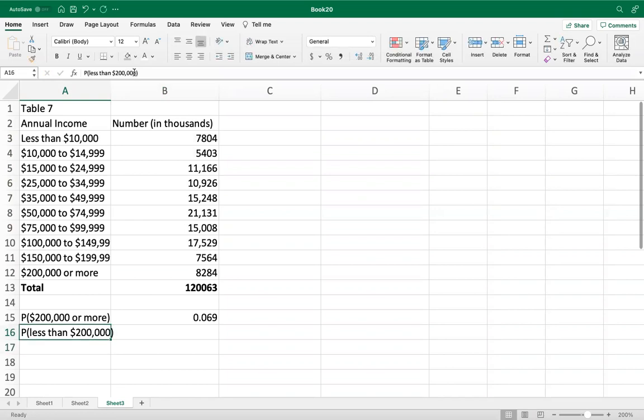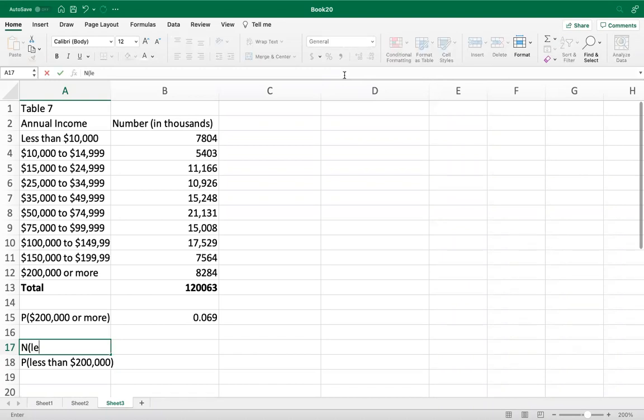All right, so what we could do here is, probability of less than 200,000. And this one could be, because we have to find the sum, so the number of less than 200,000.